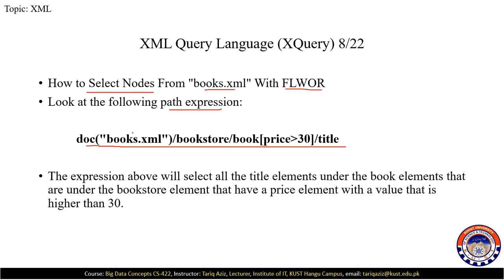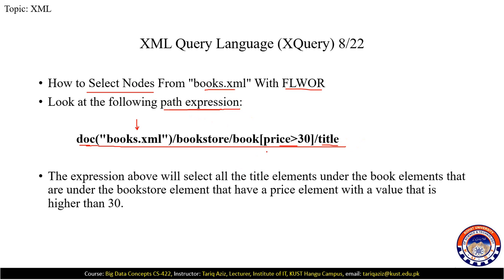Now what we want to do is open this XML document with the help of the doc function, and then return the slash bookstore element, and under this element return the book element, but we used the predicate here. We want to return those books whose prices are greater than 30, and we want to return the title of those books. Okay, so this is the complete path expression or complete query.